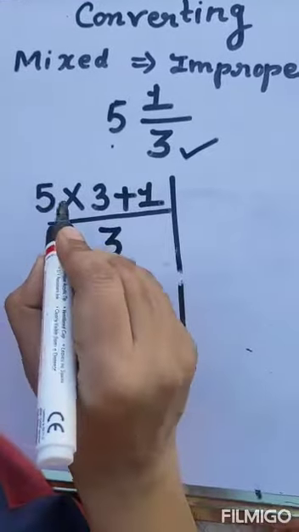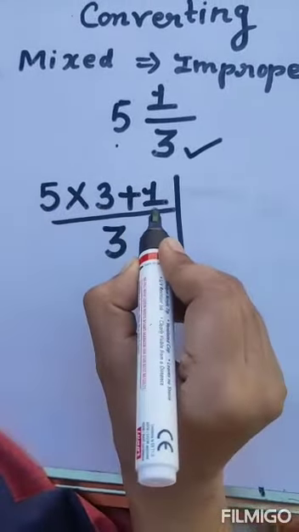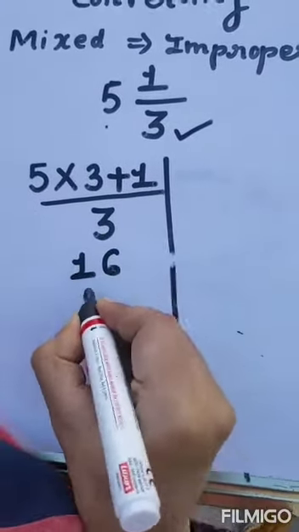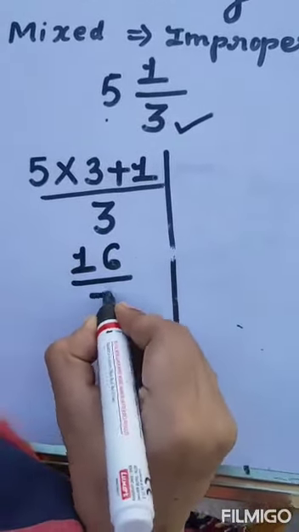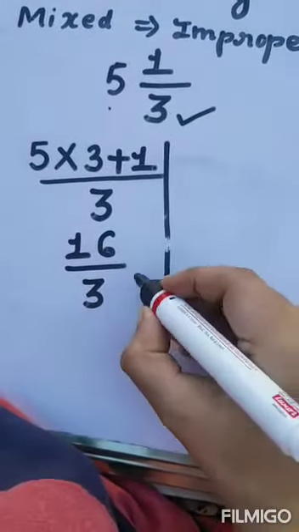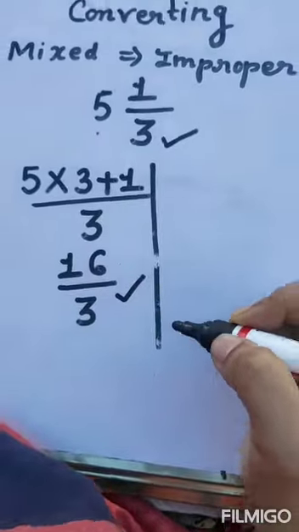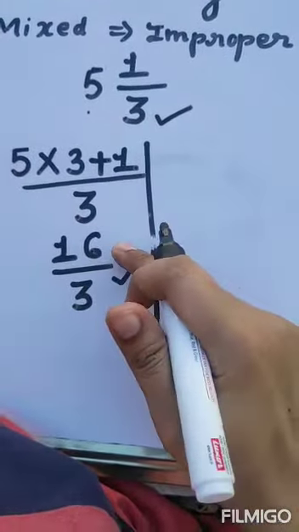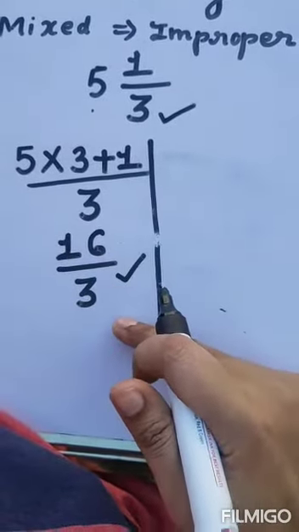Now we know that 5 3s is 15, plus 1 is equal to 16 by 3. This is one way. Now it is an improper fraction. 5 whole 1 by 3 we can convert as 16 by 3.